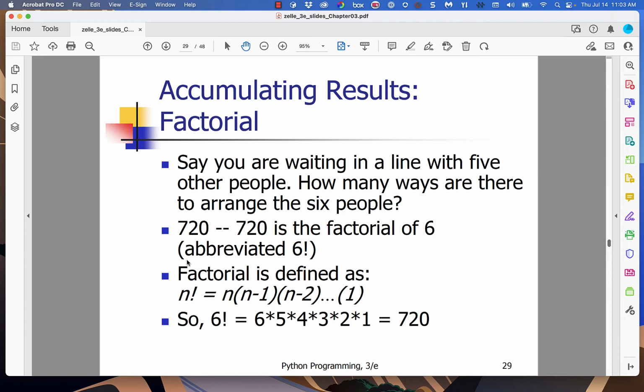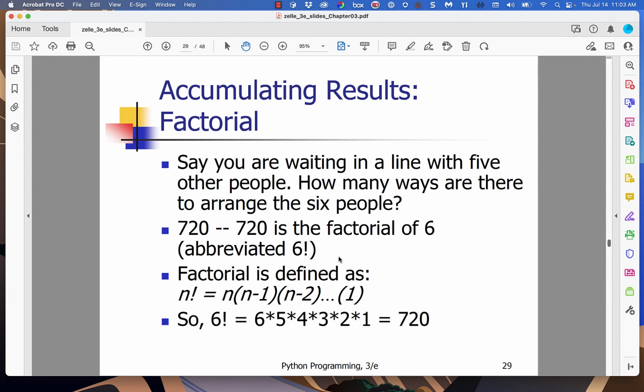Of course, if you multiply by 1, you just get the same thing. The factorial of 6 is 6 times 5 times 4 times 3 times 2 times 1. And in this case, we write 6 exclamation.